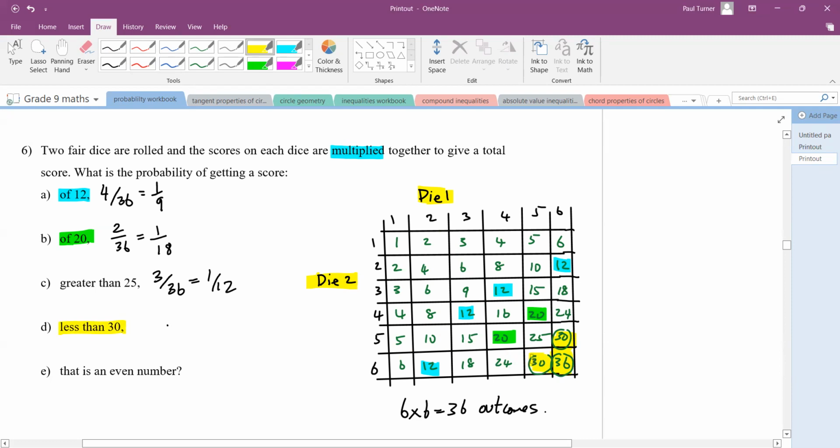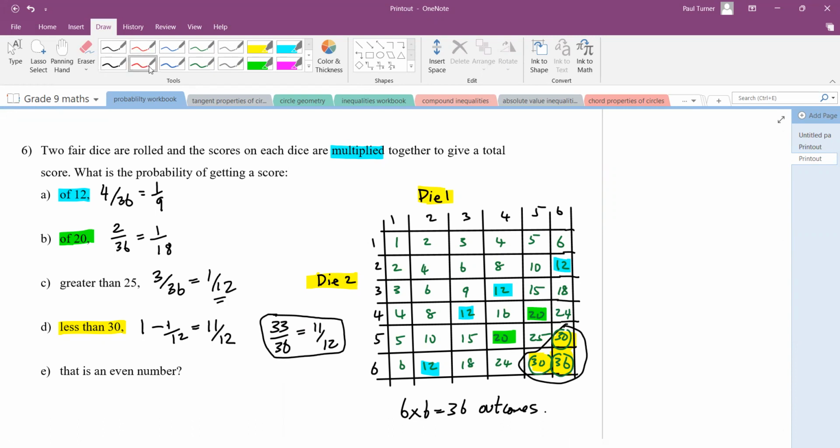So that's going to be 1 minus this number here, which would be 11 out of 12. If you like, you can add up all of these numbers and you'll get 33 out of 36, won't you? And when you convert that, you'll get 11 out of 12 anyway. So that's the other way you could do that question, but it's quicker just to subtract these three numbers from 1 to give you 11 out of 12.